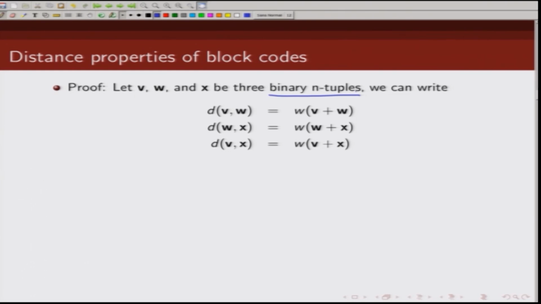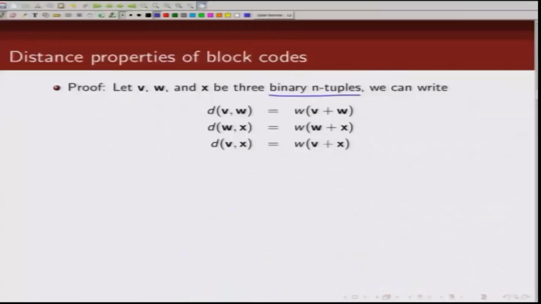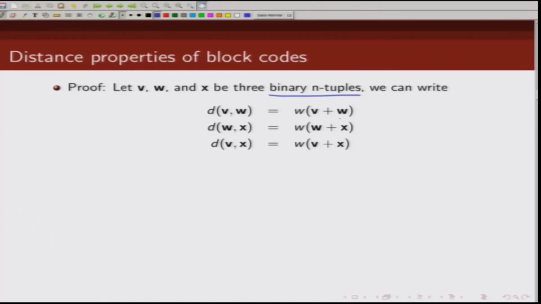Hamming distance is the number of positions in which V and W are differing, and since we are talking about binary n tuples, the number of places where V and W are differing can be found if we add V and W, this modulo 2 addition, and we find out the positions where the sum is 1, because only in those locations where these bits are differing, V plus W will be 1, otherwise it will be 0.